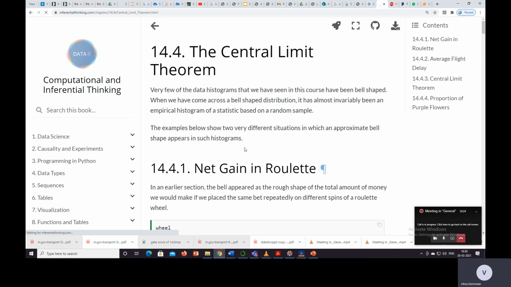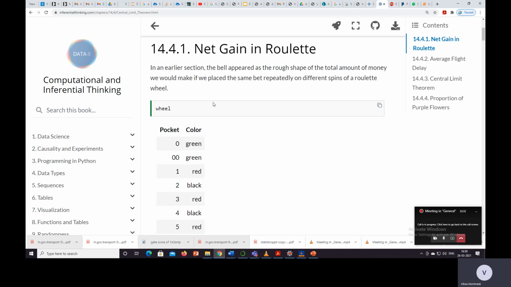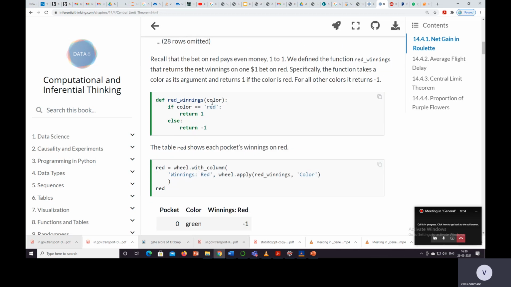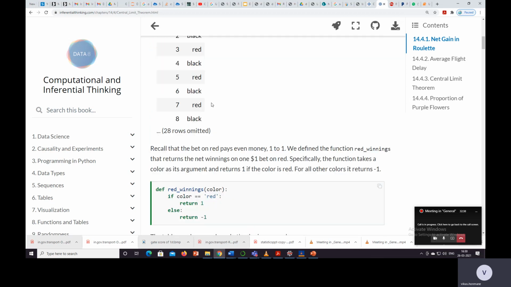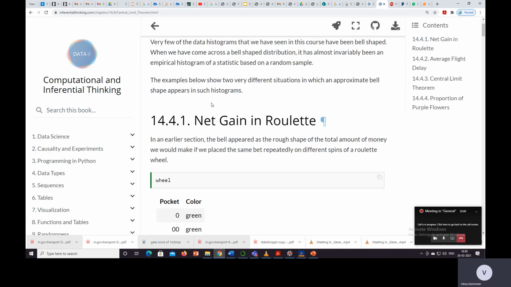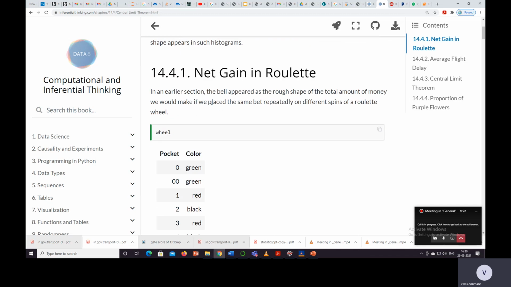Then we come to the central limit theorem, which we have already covered, so we see it here. One example shown is net gain in roulette.